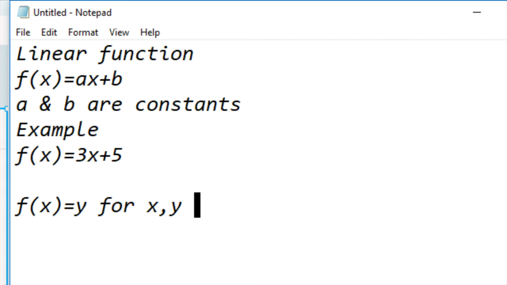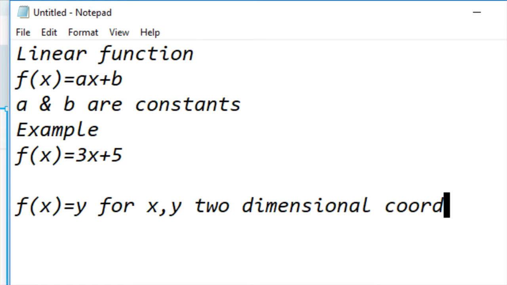This is a two-dimensional coordinate system, as it is usually known. If you have the graph, the vertical axis is the y-axis and the horizontal axis is the x-axis.